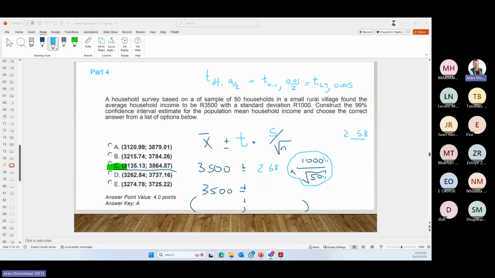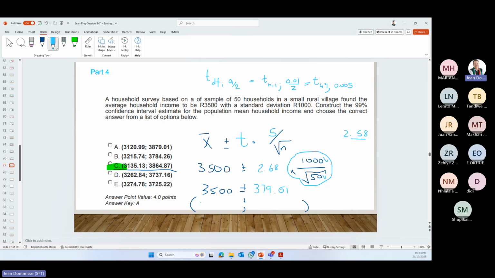So let's just see if this actually now works out. So 1,000 divided by the square root of 50. It's still the 141.42 times 2.68. So we're now looking at around 379.01.